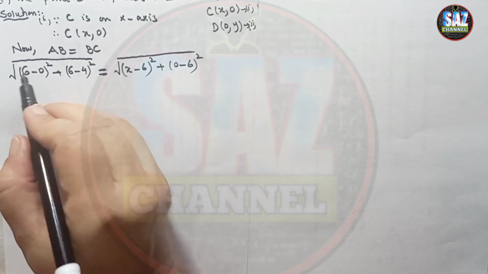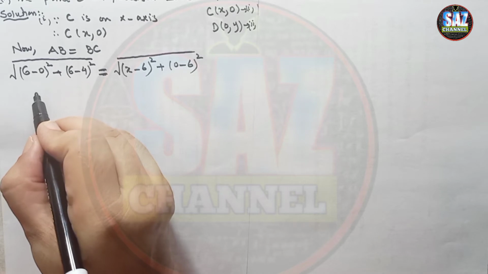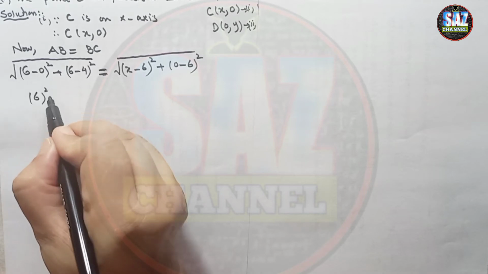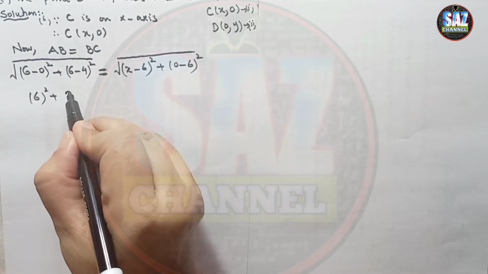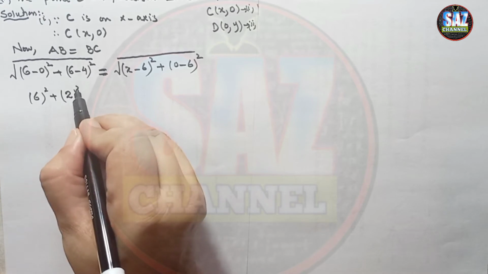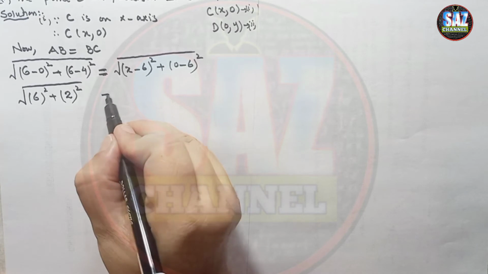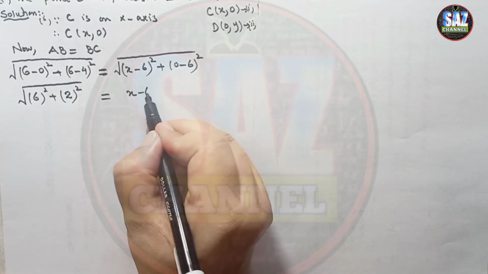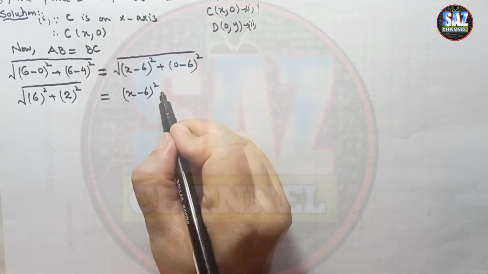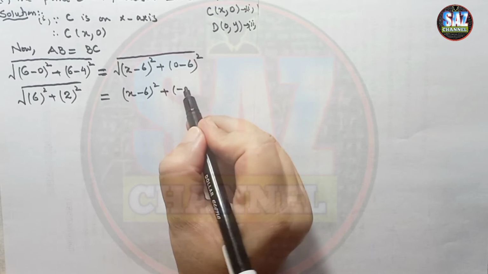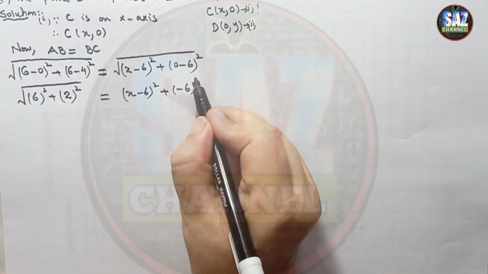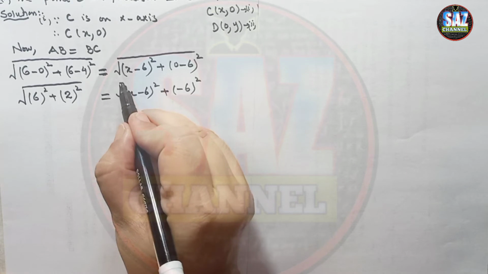So first we have to solve: 6 minus 0 will be 6 square, plus 6 minus 4 is 2 square, and square root. And again this is equal to x minus 6 whole square, plus 0 minus 6 is minus 6 square, and I have to put the square root symbol.